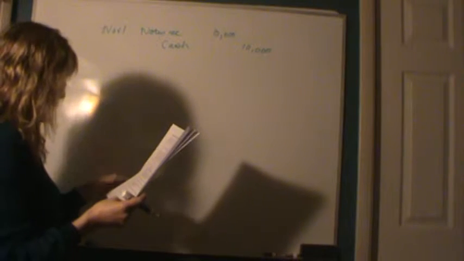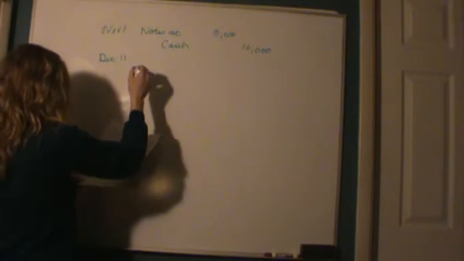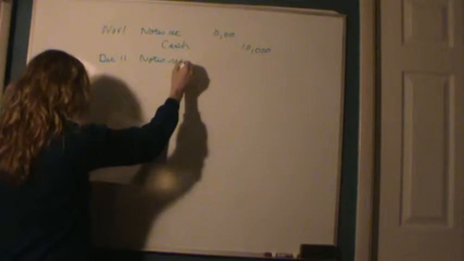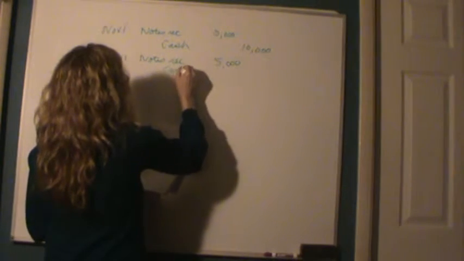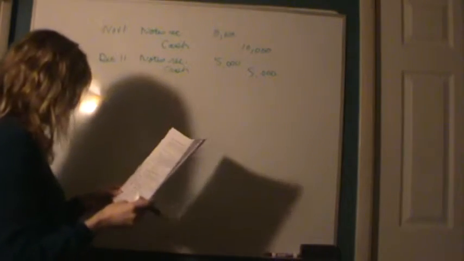On December 11th, sold goods to Abe, receiving a $5,000 60-day 4% note. So December 11th, we're going to debit notes receivable for $5,000 and credit cash again for $5,000.